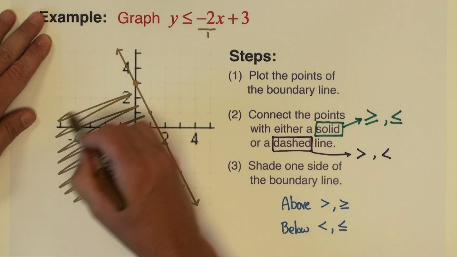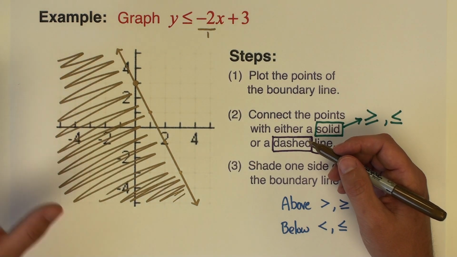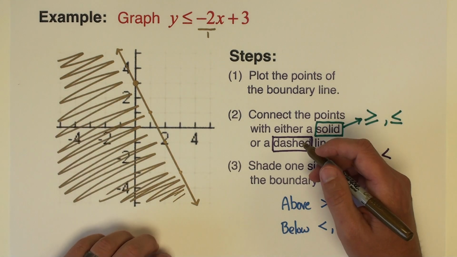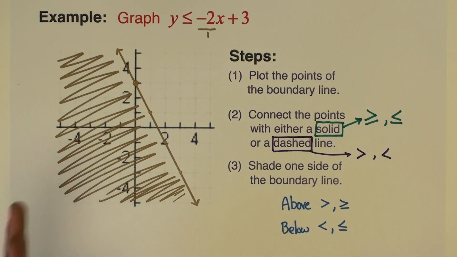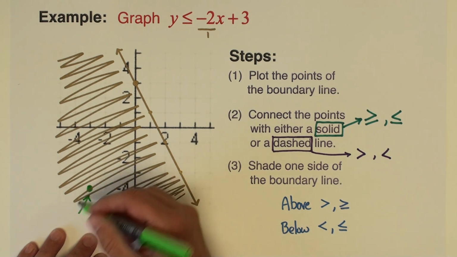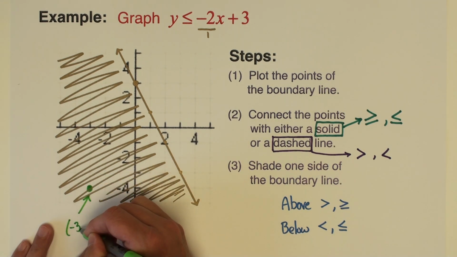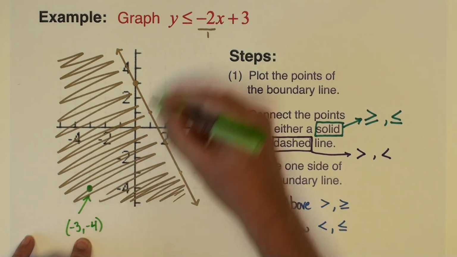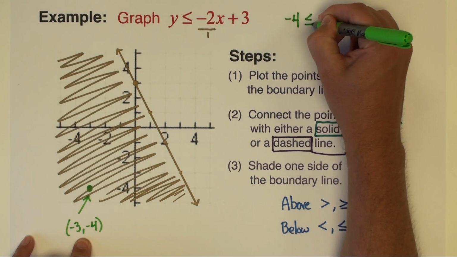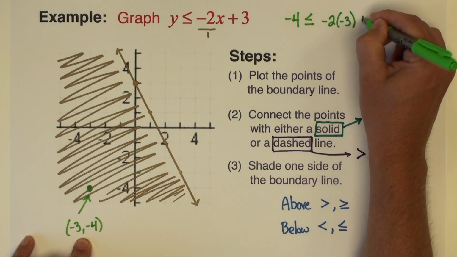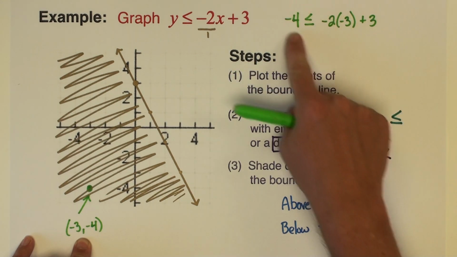Just like on a number line, what we're implying is that anything in the shaded area, if I were to take any point, should make this a true statement. Let's play this out quickly. If I pick this point right here, which is the point negative 3, negative 4, and put that negative 4 in for the y and that negative 3 in for the x, that should make this a true statement.